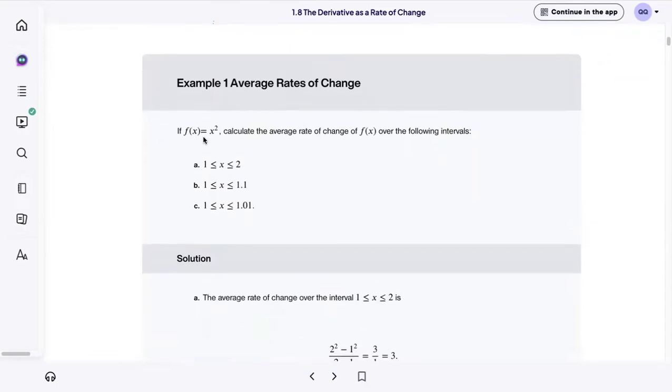So f of x equals x squared, we can calculate in between, so for x in between 1 and 2, in between 1 and 1.1, 1 and 1.01. So you see the x value gets closer and closer to 1. So this helps us to understand the secant line I drew earlier, right? We had 2 points.